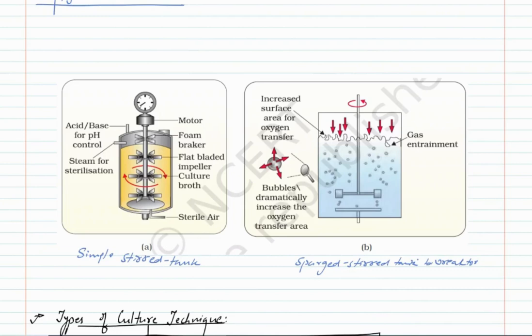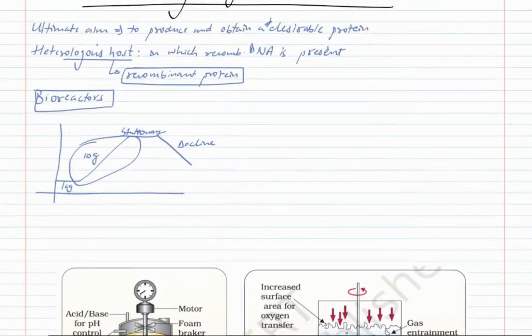These bioreactors can process 100 to 1000 liters of culture.